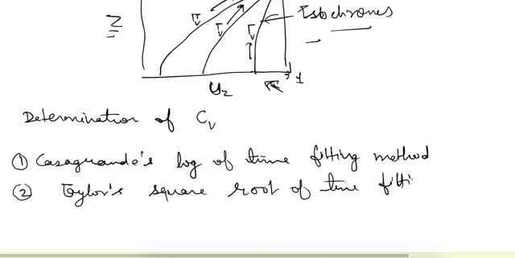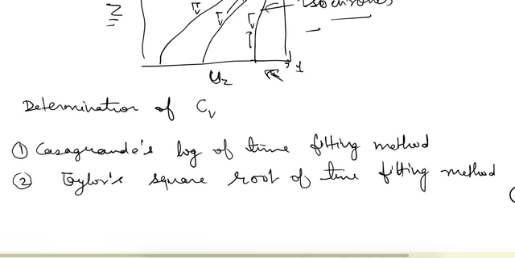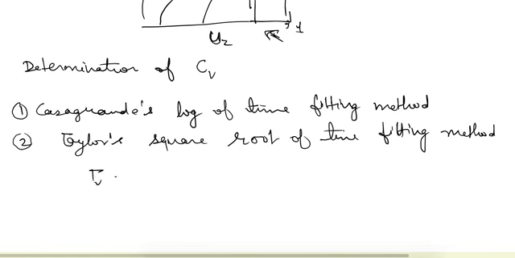For both these methods, we know that time factor is given as TV is equal to CV times T upon H square. So if we can find out, at a particular value of time, what is the degree of consolidation, and at that degree of consolidation what is the value of time factor, because degree of consolidation is related to time factor.